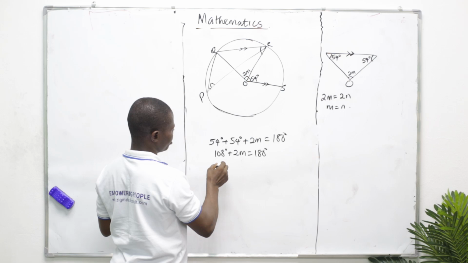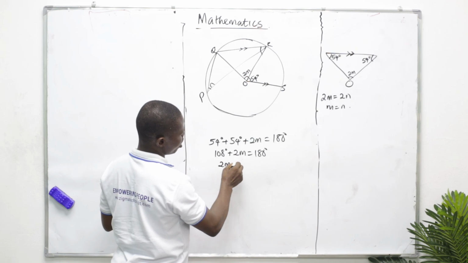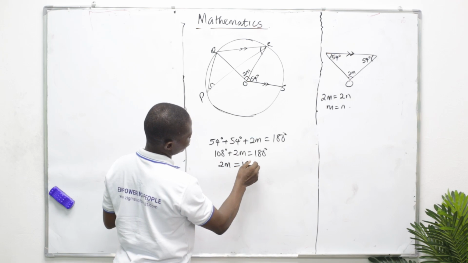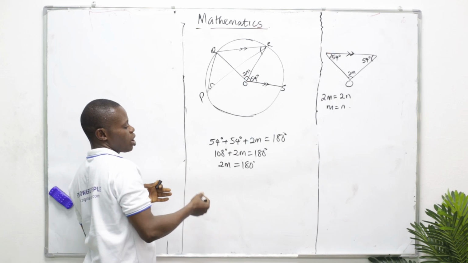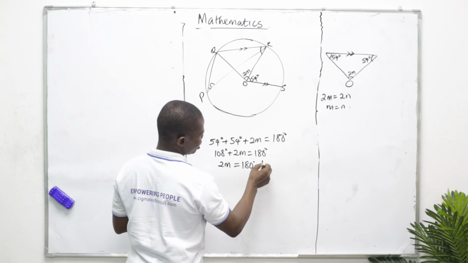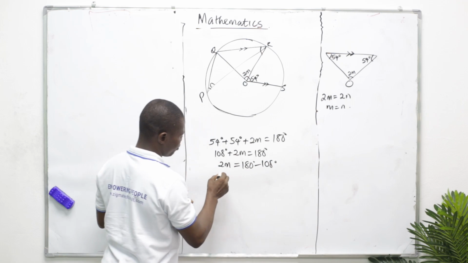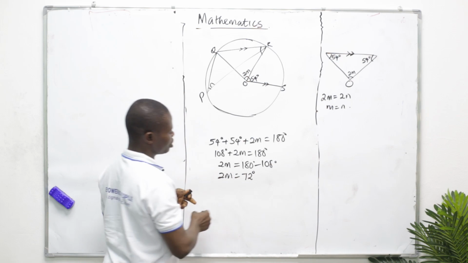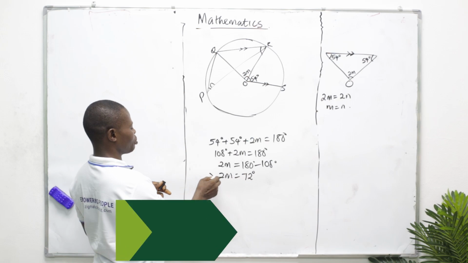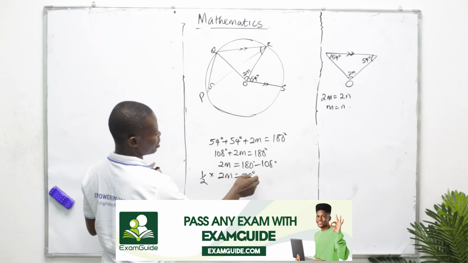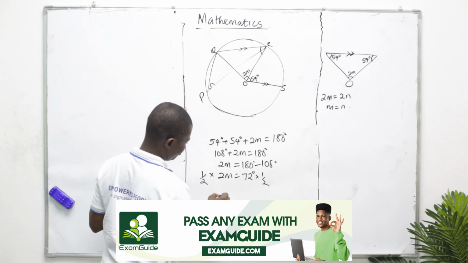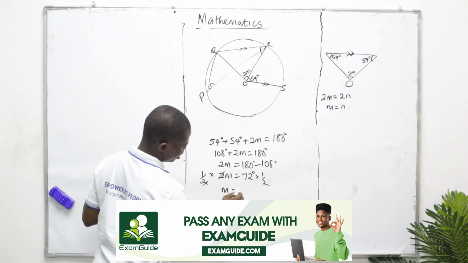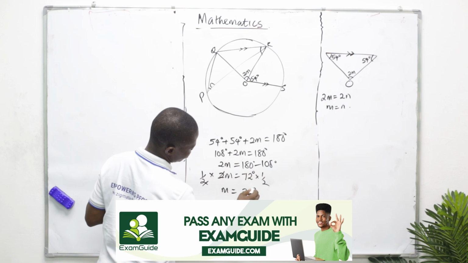So that 2m, when we collect the like terms, or when we subtract 108 from both sides, we're going to have 2m equals 72 degrees. So multiplying by the multiplicative inverse of this, we're going to have that m equals what? 36 degrees.